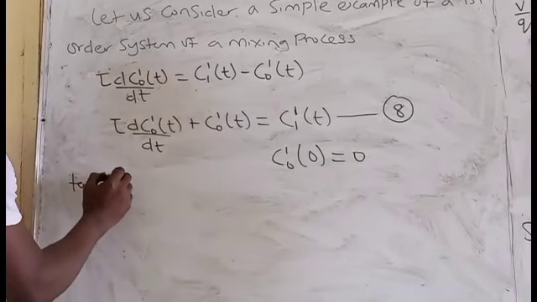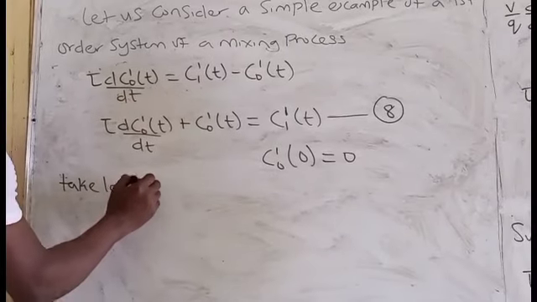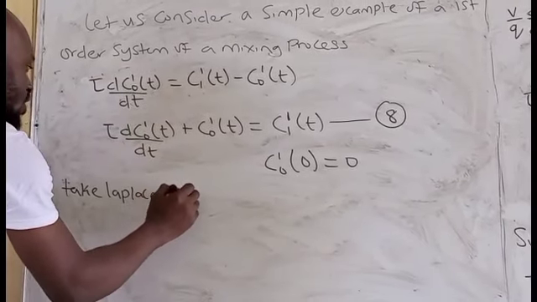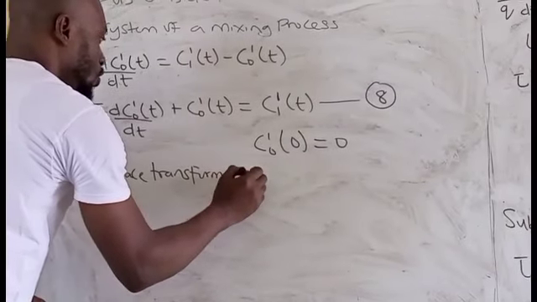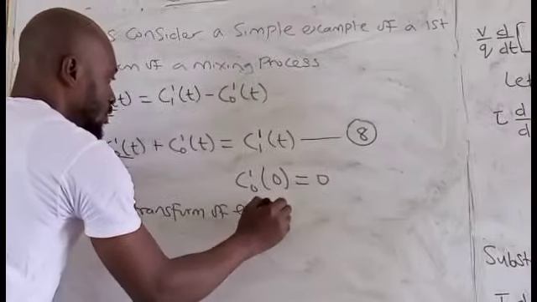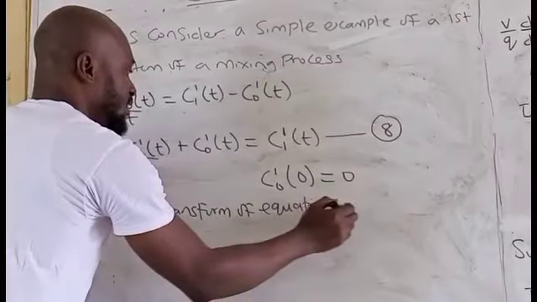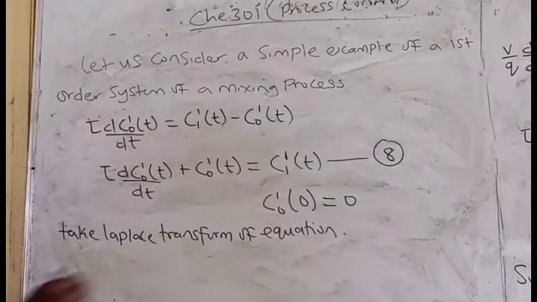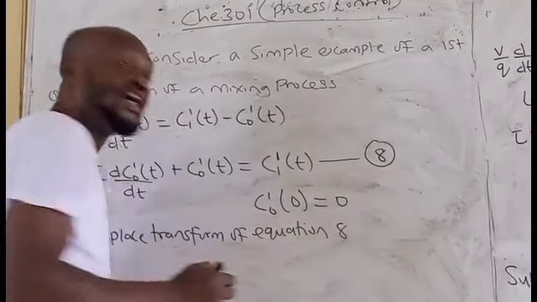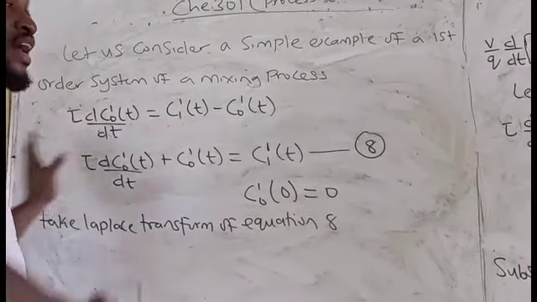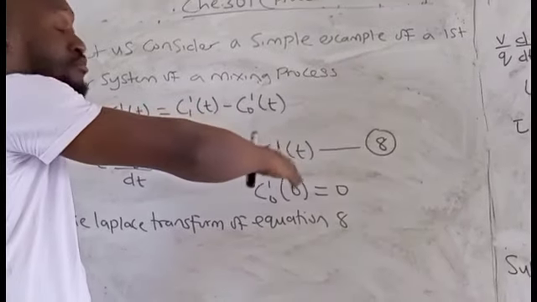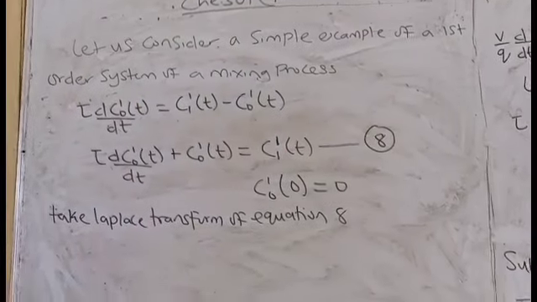Take the Laplace transform of equation 8. Meaning you are going to take the Laplace transform on the left hand side and also the Laplace transform on the right hand side. So we are going to do it this way.